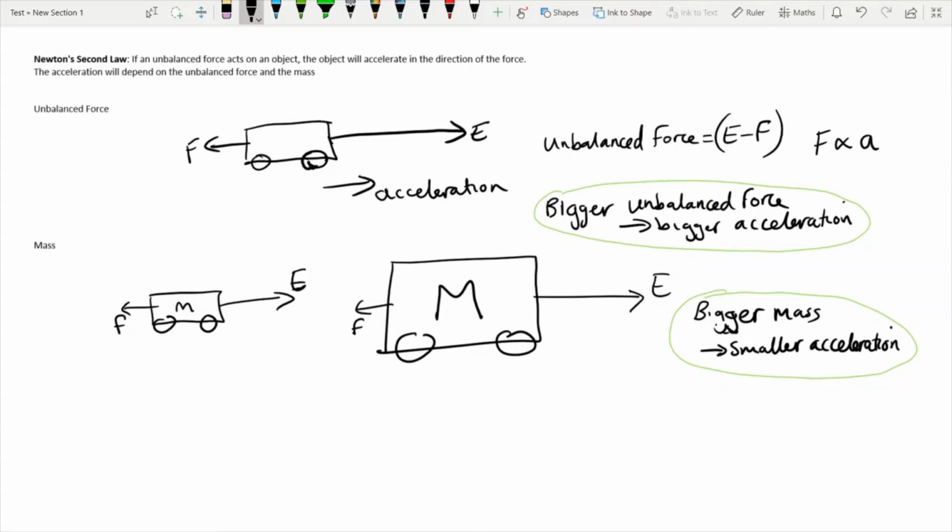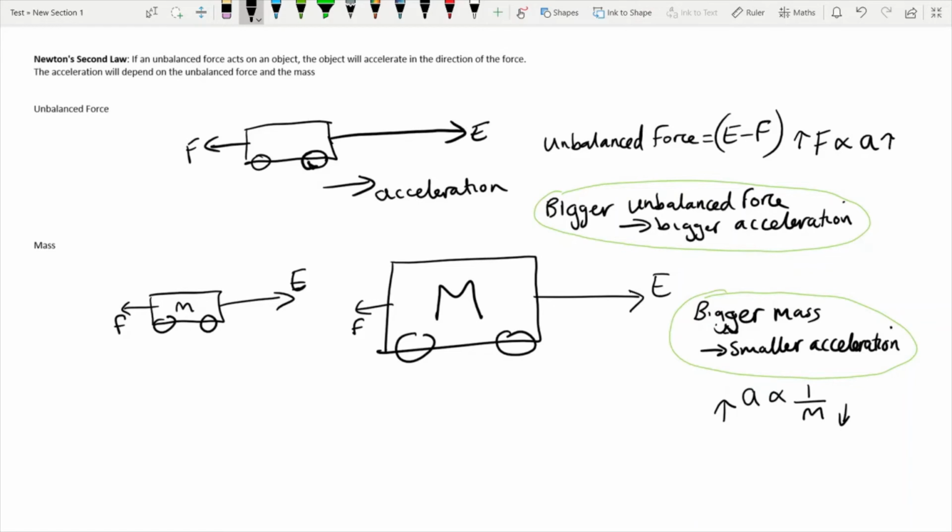And all that means is if one goes up, the other goes up. But acceleration is inversely proportional to mass. So we can write that like this. So that means if acceleration goes up, mass goes down, or if mass goes up, acceleration goes down, or if mass goes down, acceleration goes up. So that's all those symbols mean.